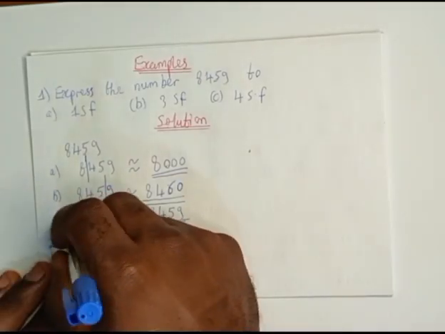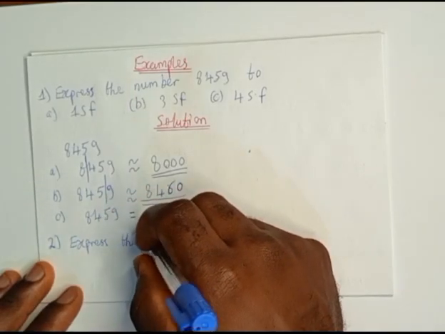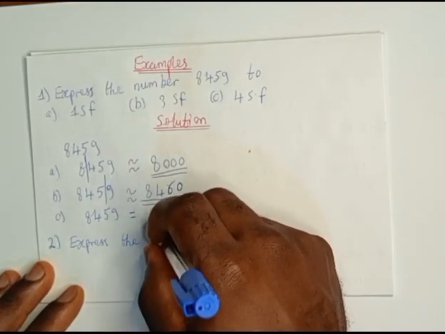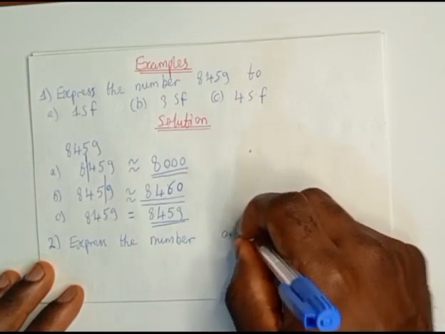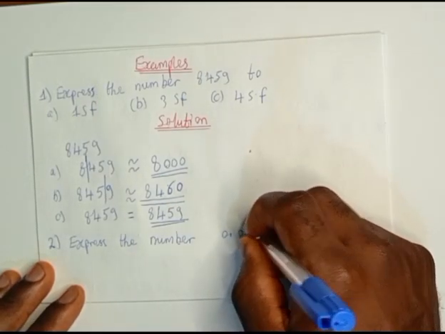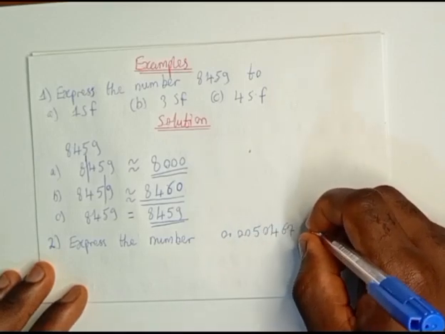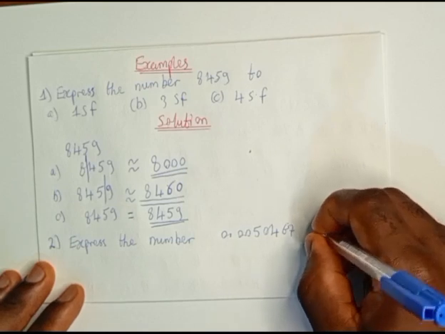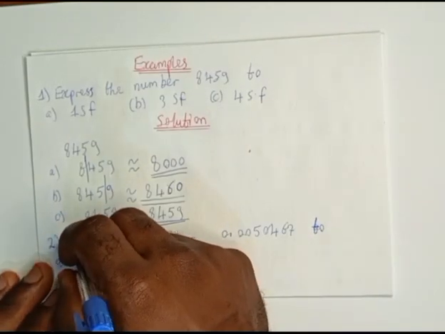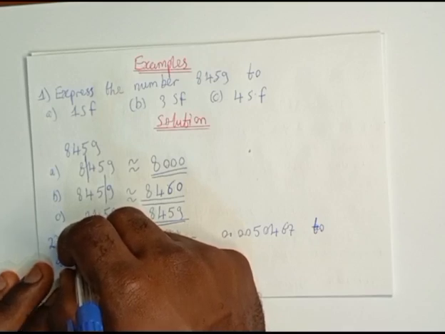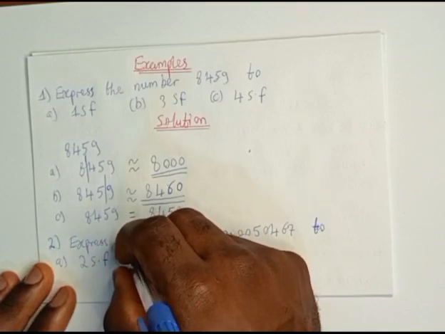For example 2, it says express the number 0.0050467 to A. We have two significant figures.